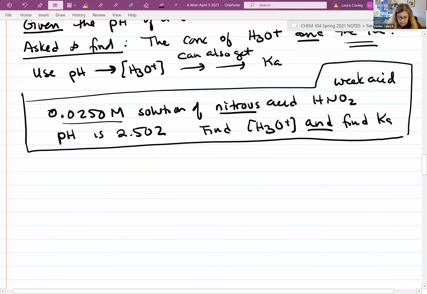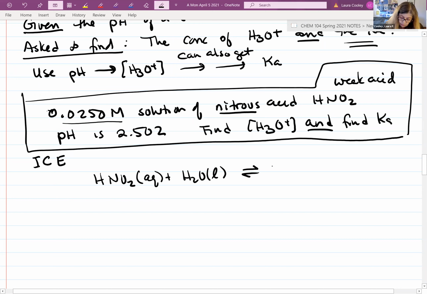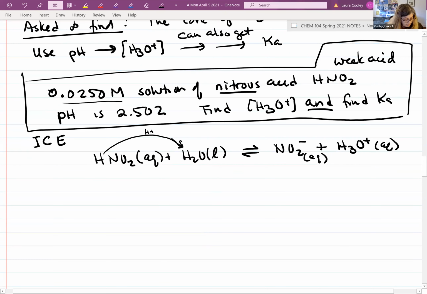Okay, so it starts with doing an ice chart and writing the equilibrium. We would start with HNO2 plus water in equilibrium. This is going to donate a proton to water, so we will end up with NO2 minus and H3O plus, both aqueous.